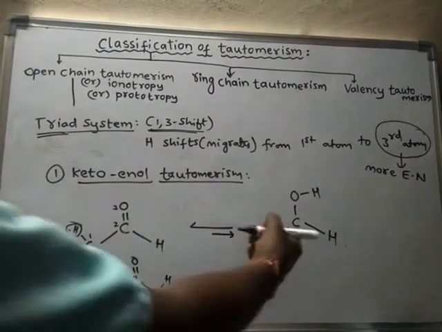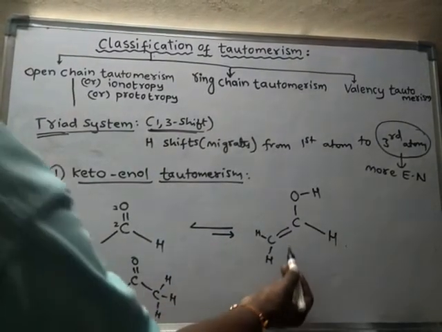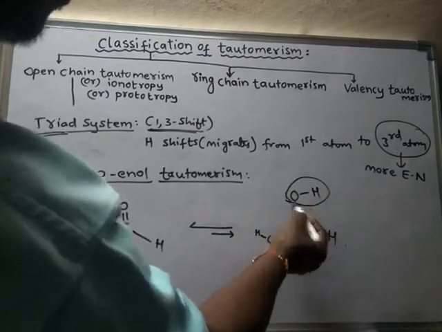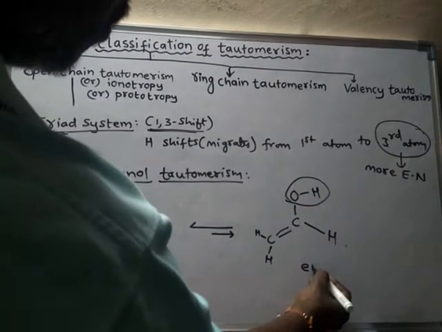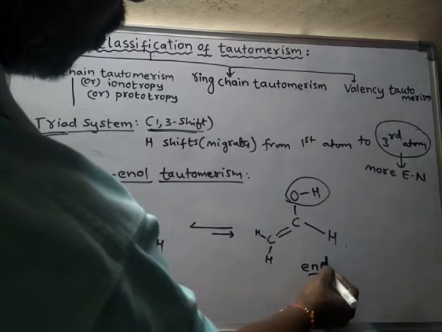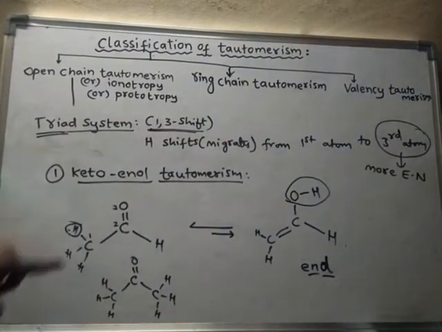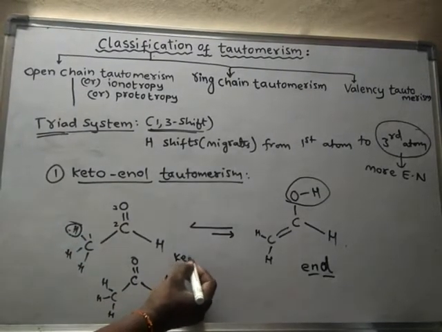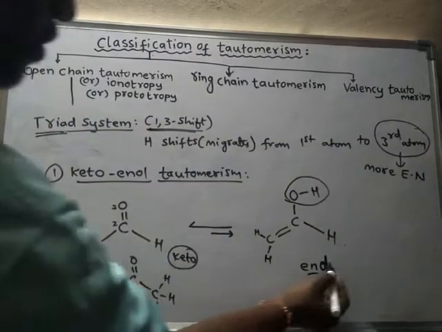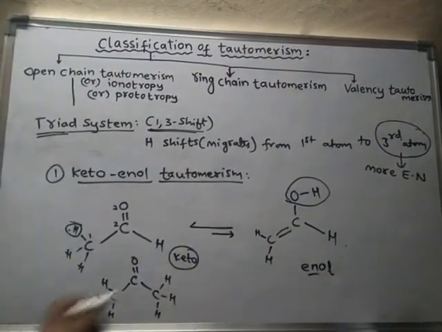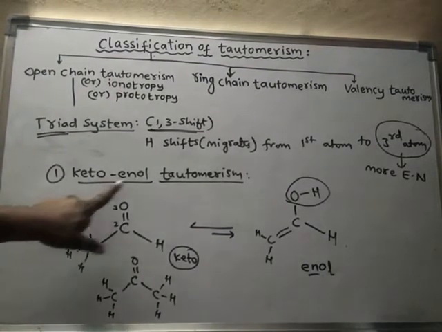So this is a new compound. It has ene, the double bond, and ol, the OH group. This is enol. So this is the keto form, and the keto form is converted to the enol form. Hence, this type of tautomerism is said to be keto-enol tautomerism.